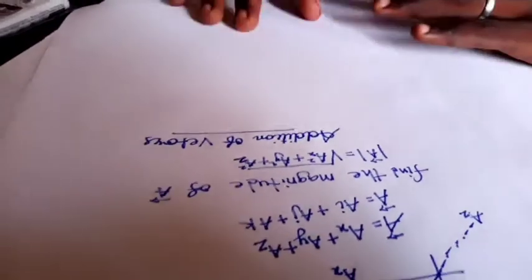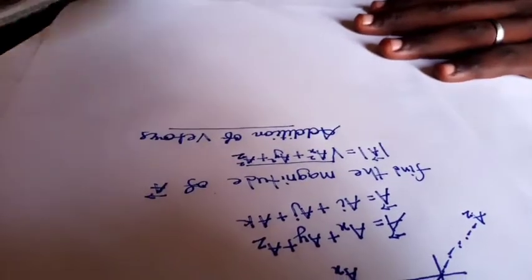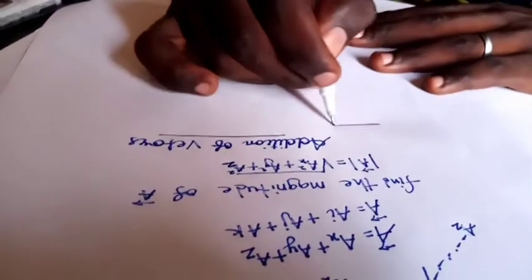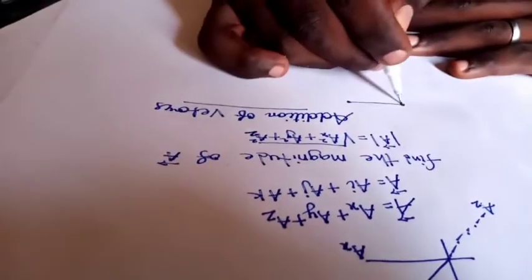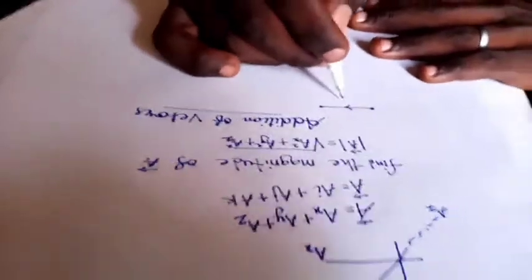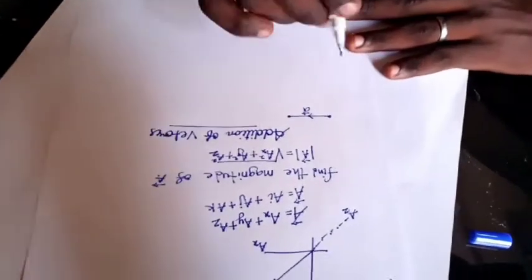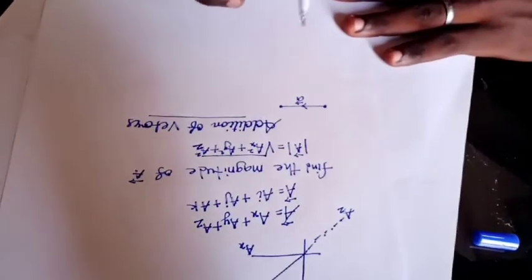For us to add vectors together, I would like you to understand something. If I'm given a vector, and the vector is of magnitude A, this vector will have two reference points.